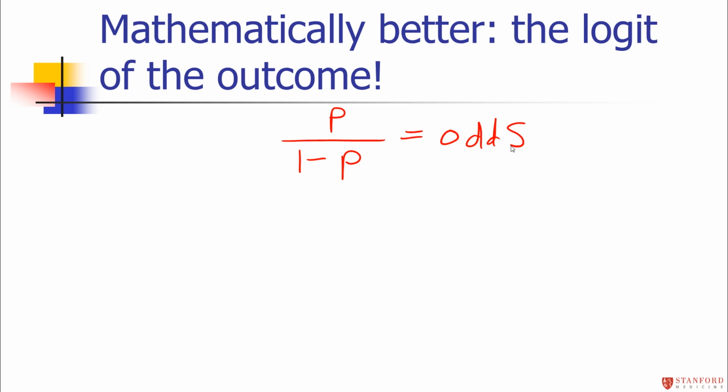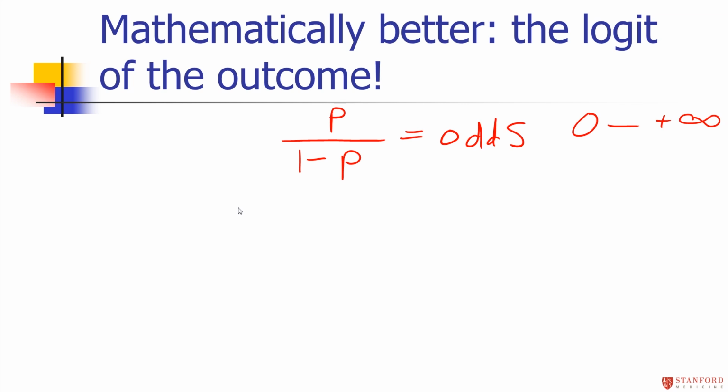Why would I want to do that? Well, a probability can't be bigger than 1, but an odds can go anywhere from 0 to positive infinity. The odds has no right-hand bound. So now we've put all the positive real numbers back into play. We're still missing the negatives. How can we get the negatives back in?